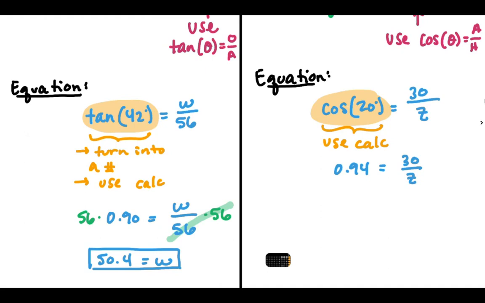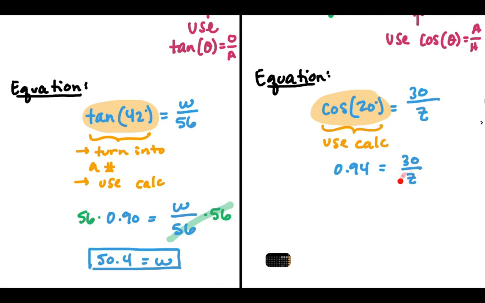Okay, so now here's where it gets a little weird, but stick with me. The z is in the denominator, and I do not want z to be in the denominator. I want to get z out of the denominator. Let's look at what we did over here when we had something in the denominator that we wanted to get out of there. I was dividing by 56, so I multiplied both sides by 56.